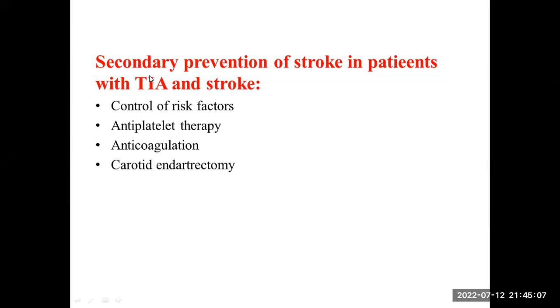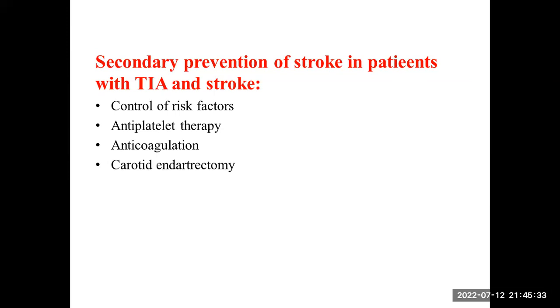Then when we talk about diabetes, which is a major risk factor that should be controlled, we should use antihyperglycemic drugs which have been shown to be associated with reduction in the cardiovascular complications. There are certain antihyperglycemic drugs with evidence of reduction in the cardiovascular complications.